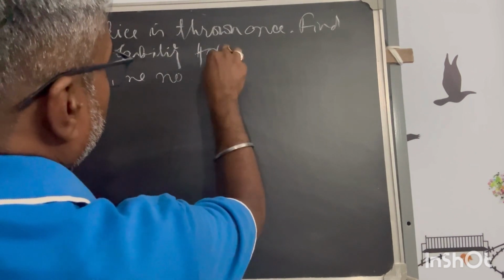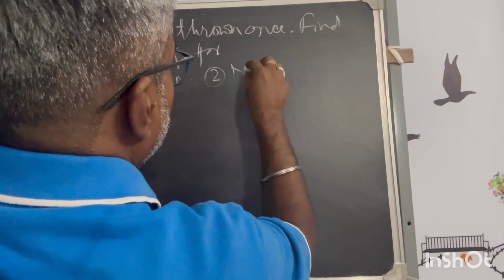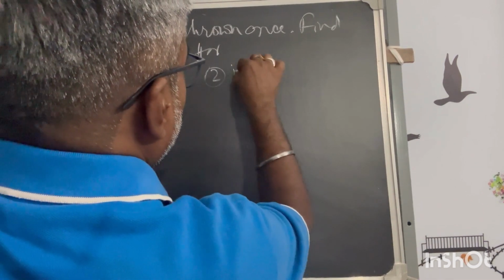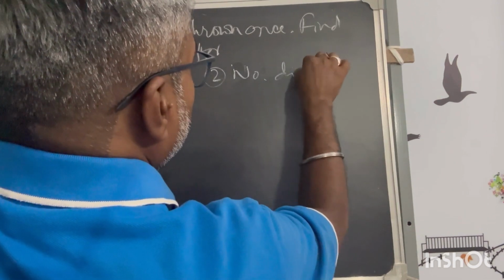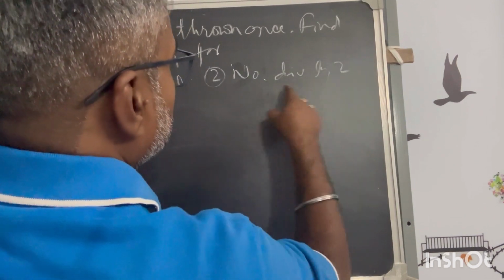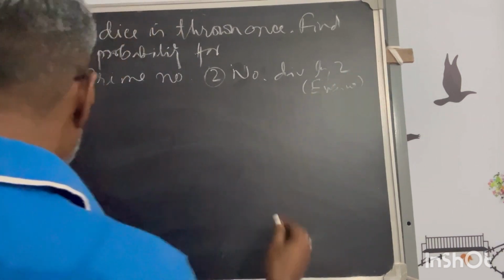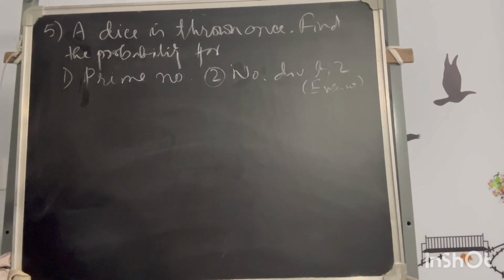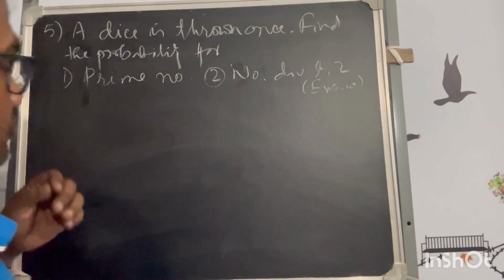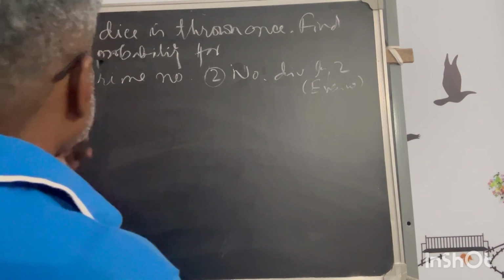And second, a number divisible by 2. In other words, this can also be said as an even number. This is not in the question, but if it is divisible by 2, it must be an even number.